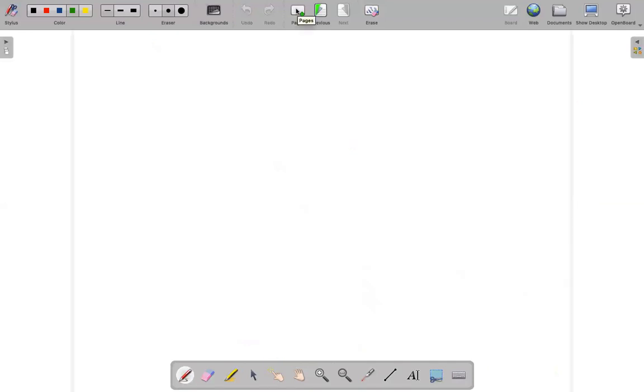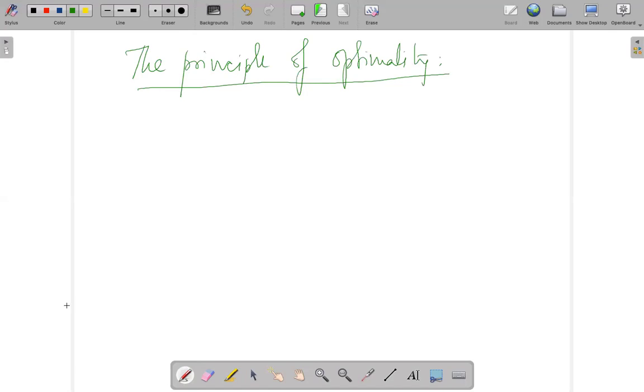So the second concept is the principle of optimality. What does it say?